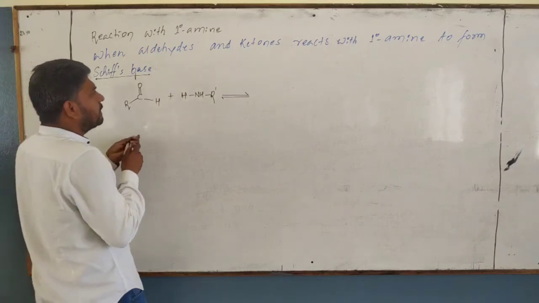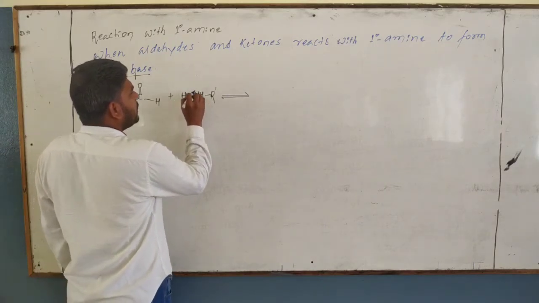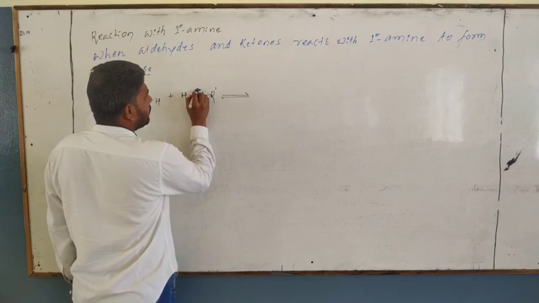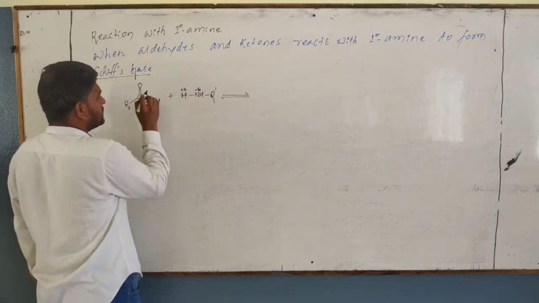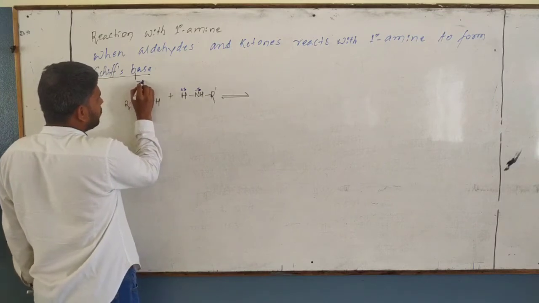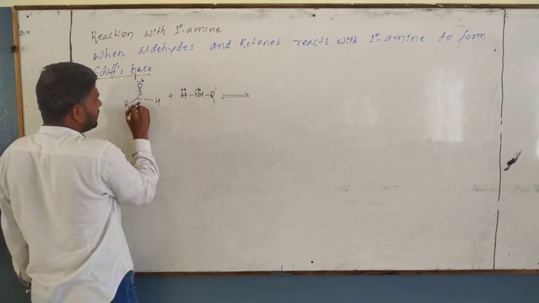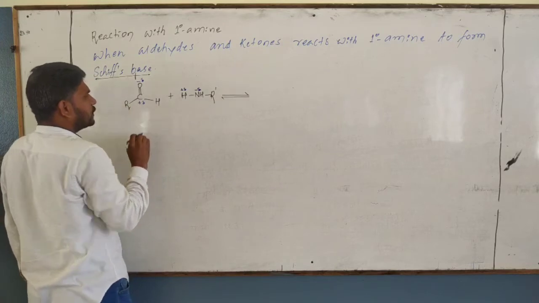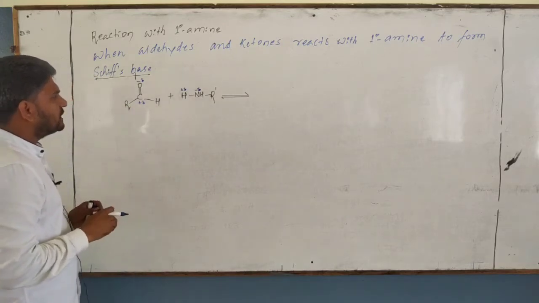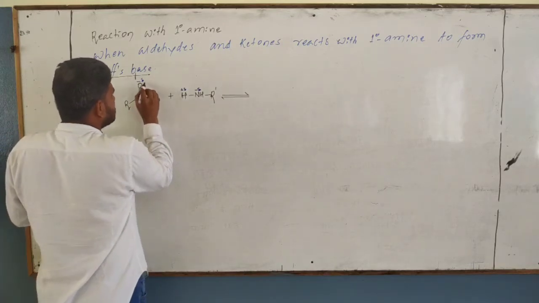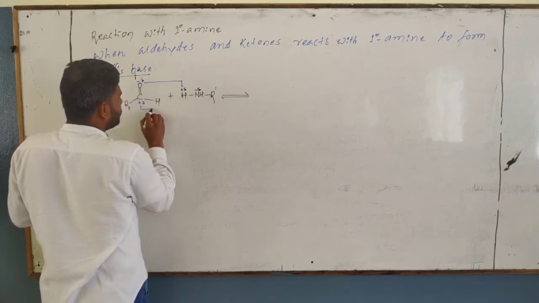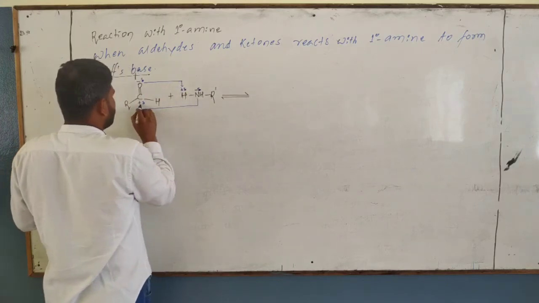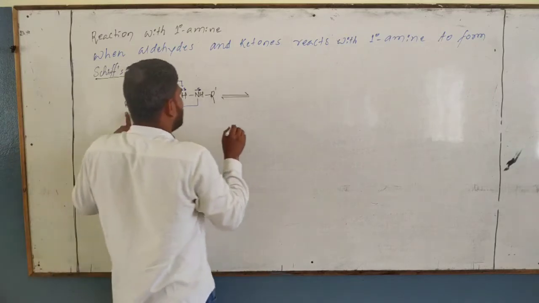You know that in primary amine, nitrogen is more electronegative and carries a partial negative charge, and this hydrogen carries a partial positive charge. The carbonyl group of aldehyde is also polar, where oxygen carries negative charge and carbon carries positive charge. This negative attracts positive, and this positive attracts negative.